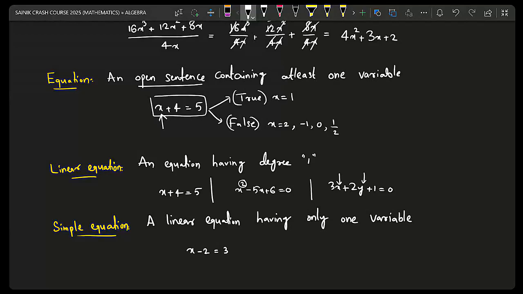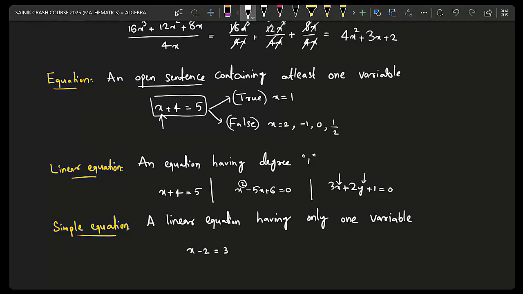So, what is the meaning of open sentence? Open sentence means it should be true for some values of x and it should be false for some values of x.